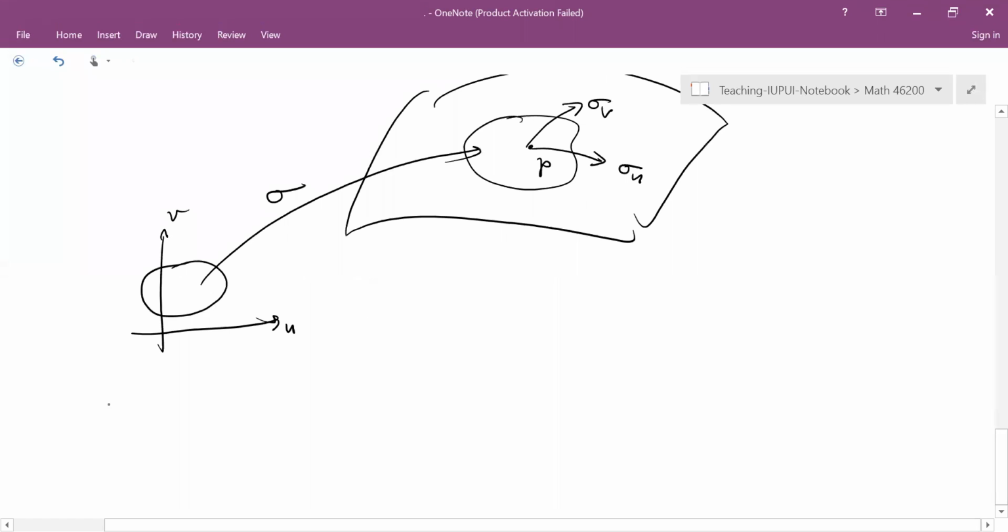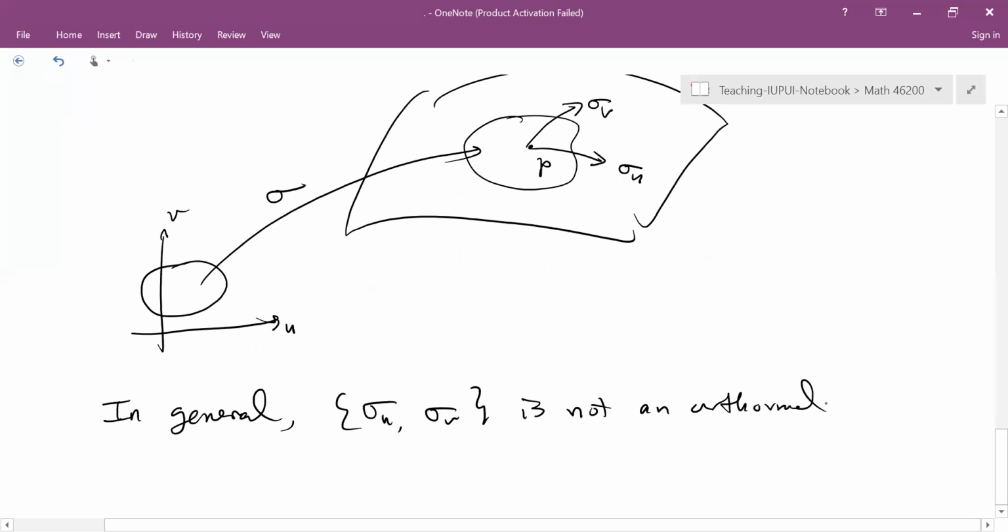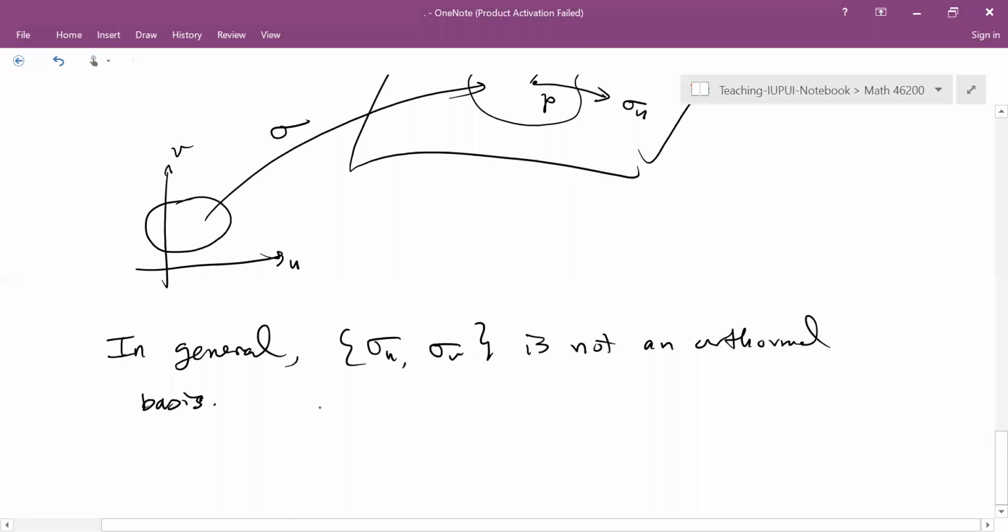In general, sigma u, sigma v is not an orthonormal basis for the tangent plane. Not only that, for the Weingarten map, they are not even the principal directions.